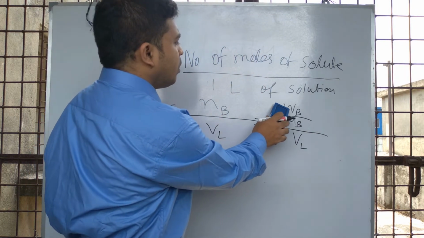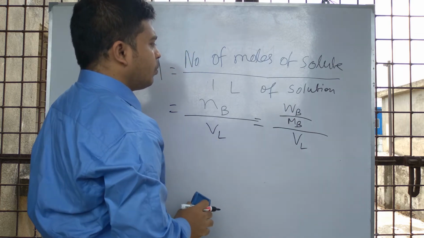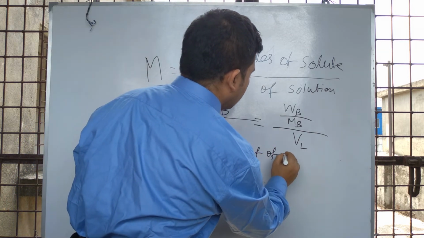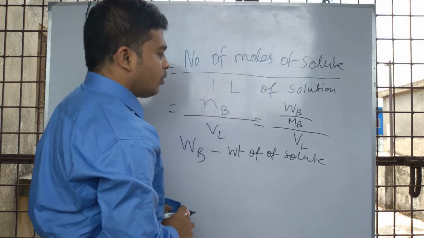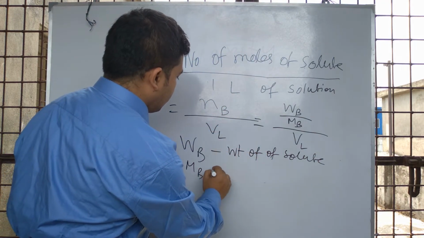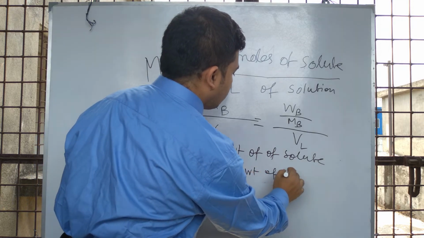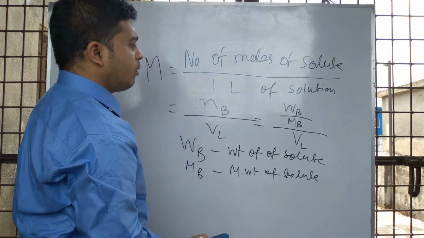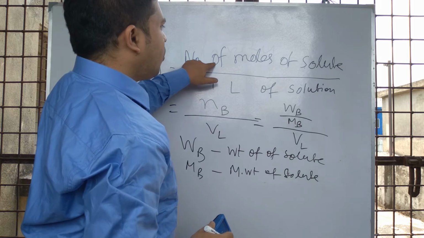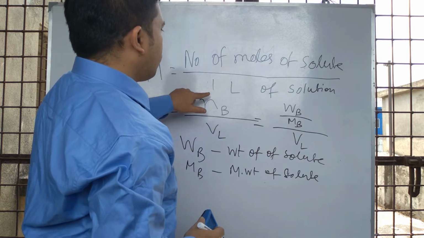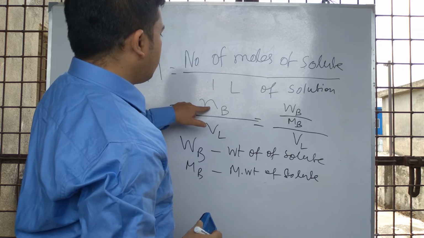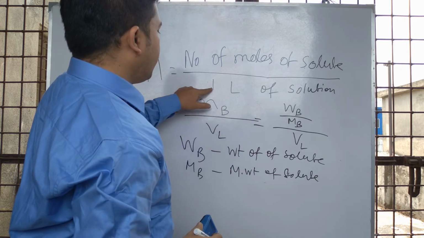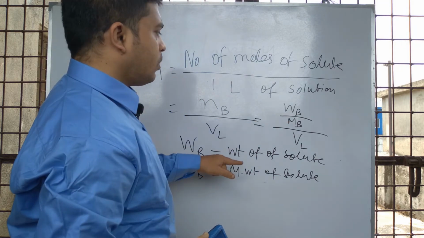Here Wb is the weight of solute, Mb is the molecular weight of solute, and V is the volume of solution in liter.